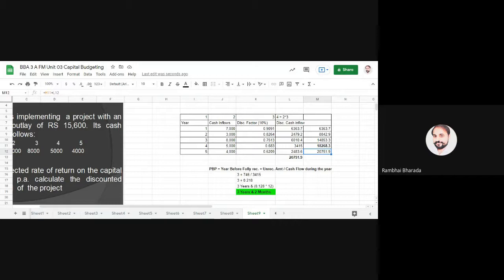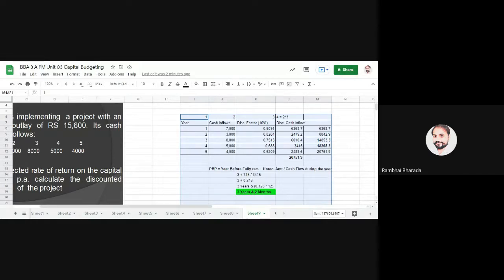Are we clear? Yes. Last variation in this method. Up to this point we have only one project. Suppose in your examination you have two projects, project A and project B. Details, calculations, methods and formulas are the same, but whatever you have done here, this table and this calculation, you need to do the same for project B. If there are two projects, the calculation will be done twice; if there are three projects, it will be done three times.